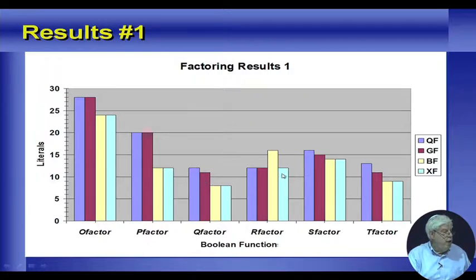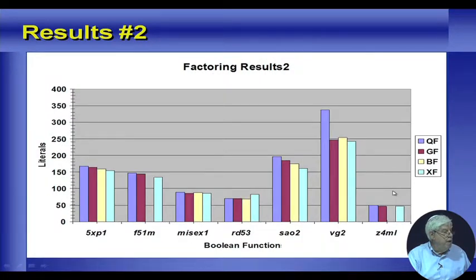Here, for some reason, Boolean factoring was worse. We tied the others. And this, we tied, and everybody's pretty much the same. And here, again, we tied Boolean factor. Here's another one where everybody is about the same. Here, Boolean factor couldn't even be run because it was too big.